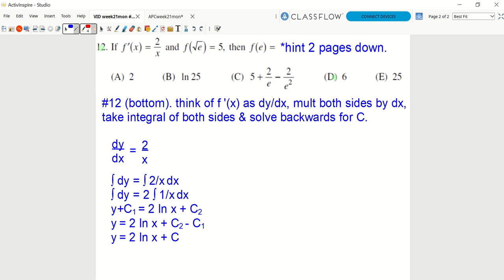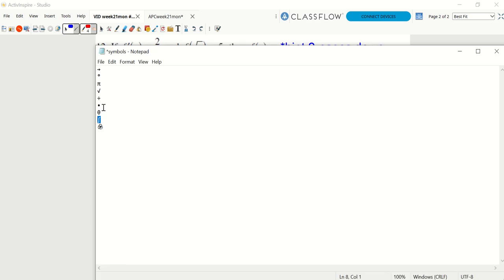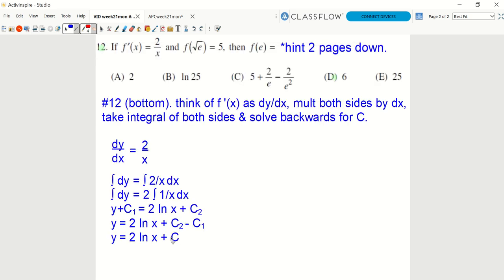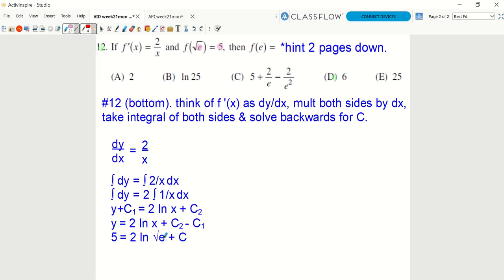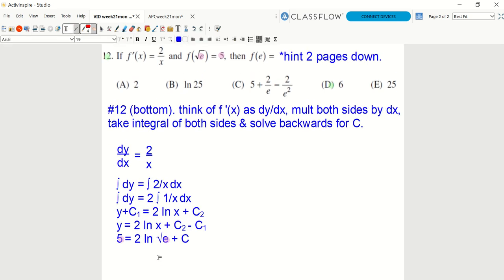Now, I'm going to use the point root e, 5. We're going to substitute root e and 5 right here, and we get the pinks, root e and 5.